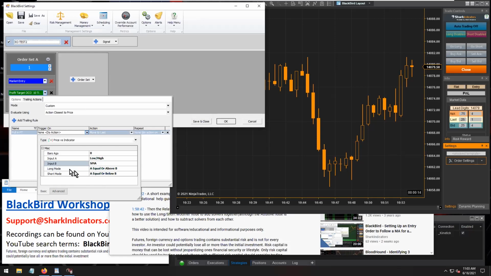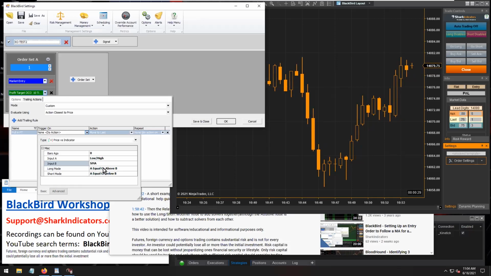Now the mode. If the low price touches the SMA, then basically the low price is going to be equal to or below the SMA, right? So for a long trade, we're looking for A to equal or go below B. For a short trade, it's going to be the opposite, so let's reverse that.